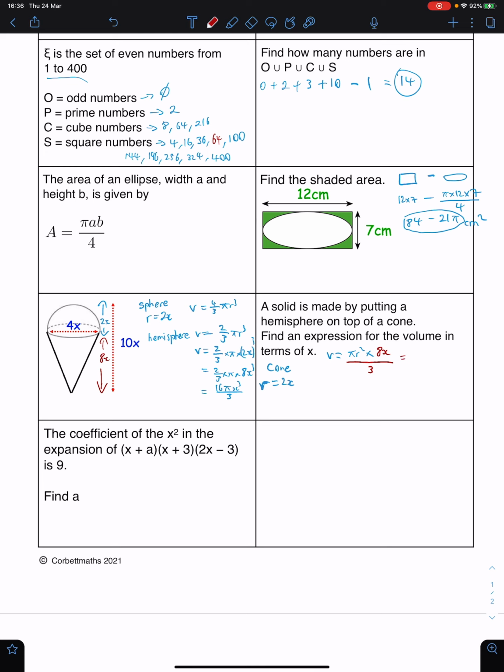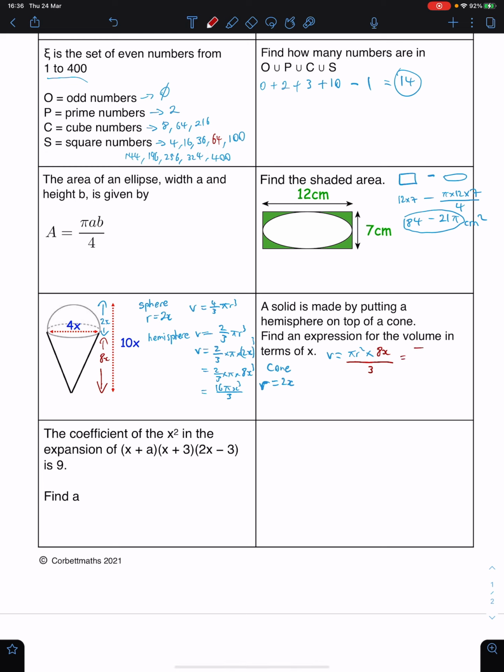So our r squared, so that's going to be pi times 2x squared times 8x, all divided by 3. And that is going to be equal to pi times 4x squared times 8x, all over 3, which is going to be 32 pi x cubed all over 3.